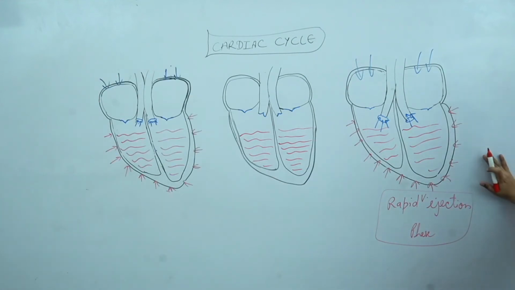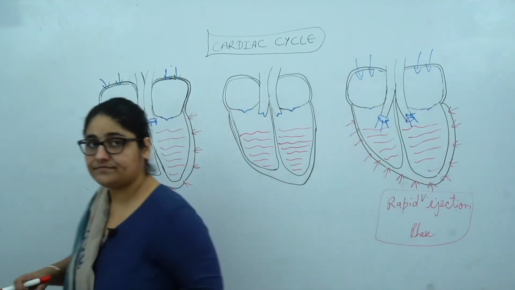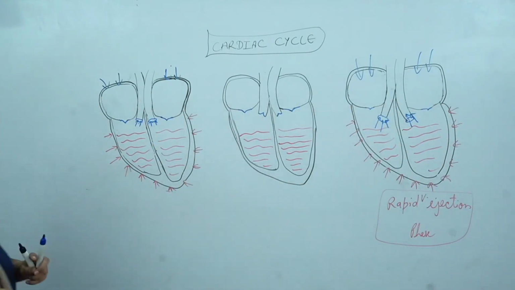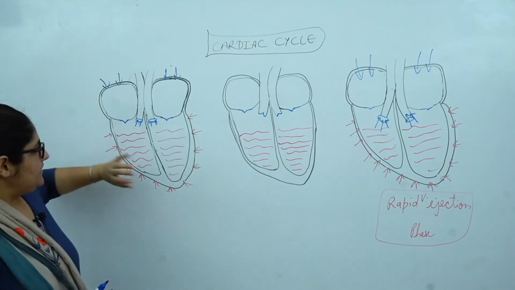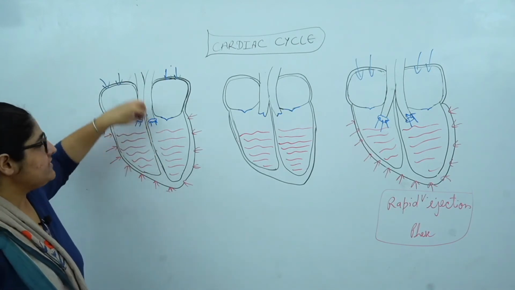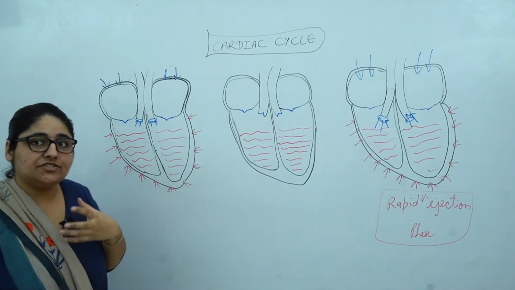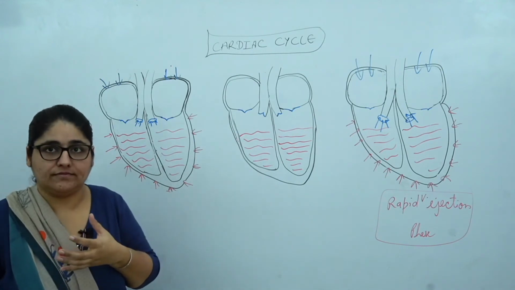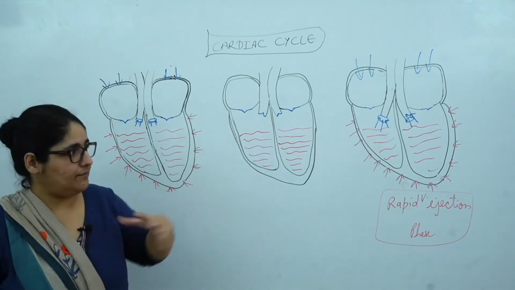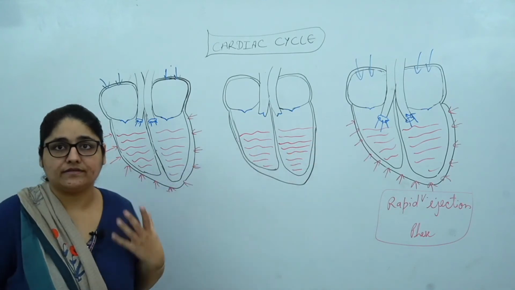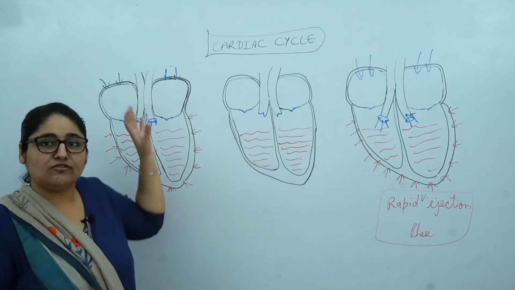So after rapid ventricular ejection, now the next stage is almost the same. In this also, ventricles are ejecting, but now the ejection has slowed down. It is not as rapid as it was there. So now there is slow ejection.